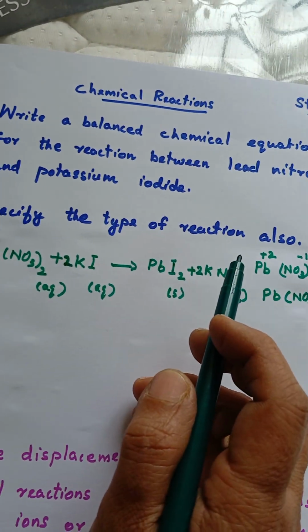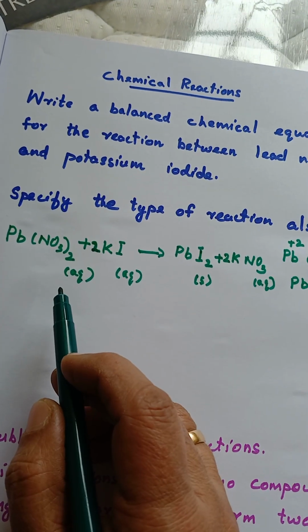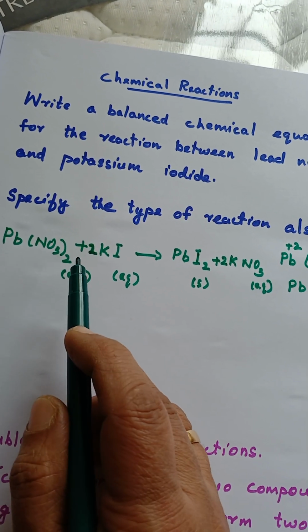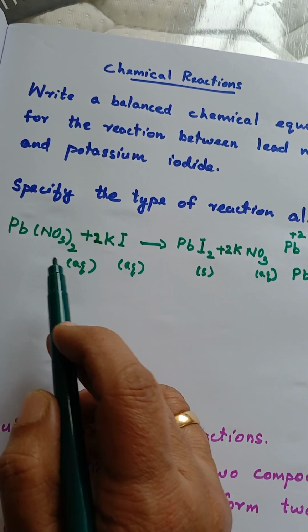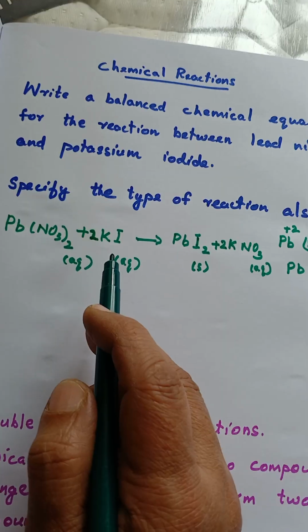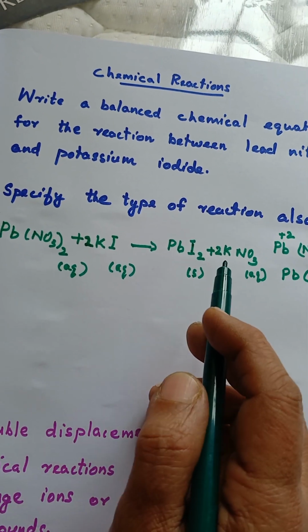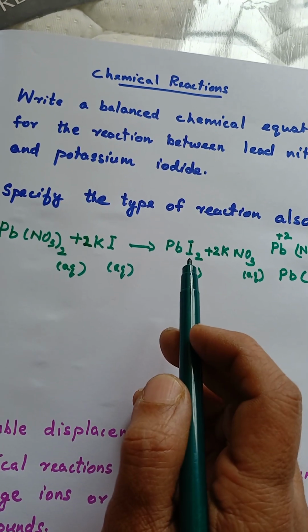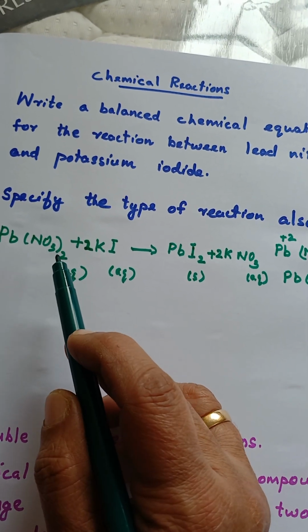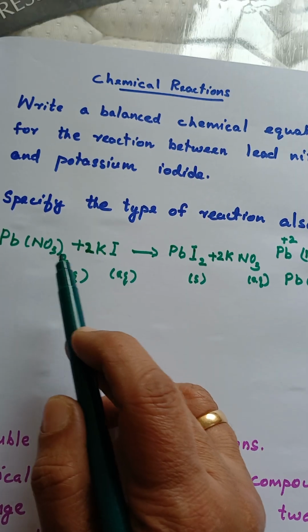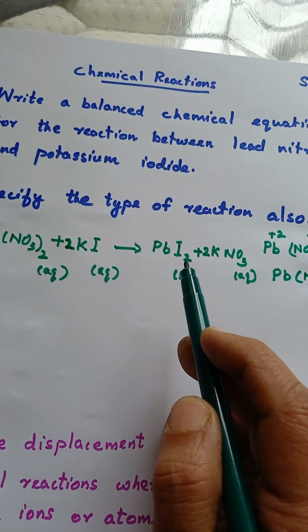Specify the type of reaction also. Here you can see that there is an exchange of ions taking place. That is, this is a double displacement reaction. There are 2 displacements taking place, or the changing of these ions, that is Pb(NO3)2 has become PbI2.